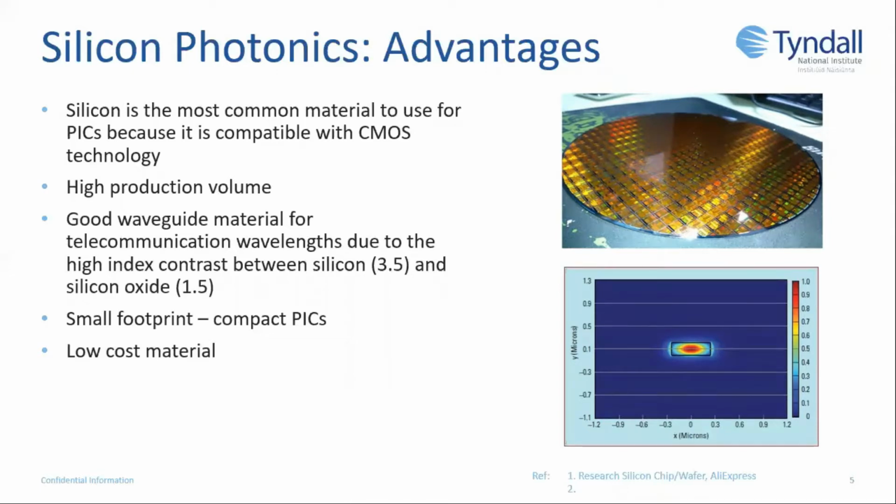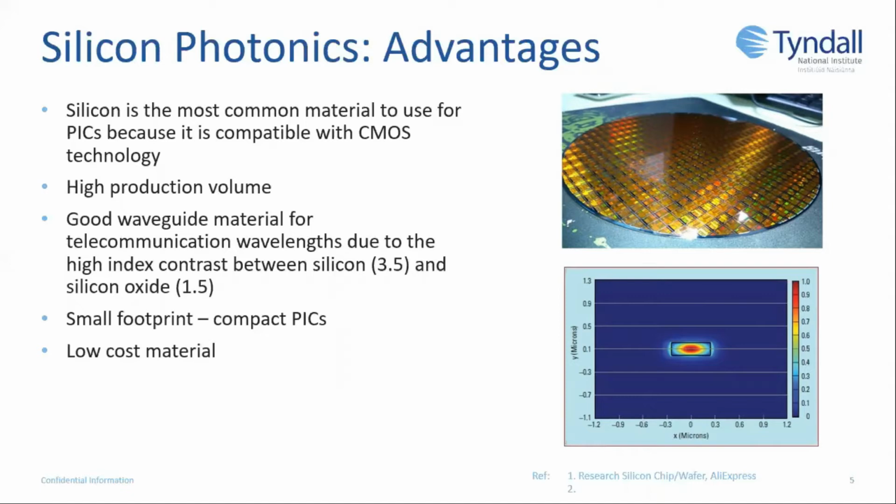If we also look at the optical properties of silicon, silicon is a very good waveguide material. And this is due to the high index contrast between silicon and silicon oxide. So silicon would generally be the waveguide core, and then silicon oxide would be the top and bottom cladding.